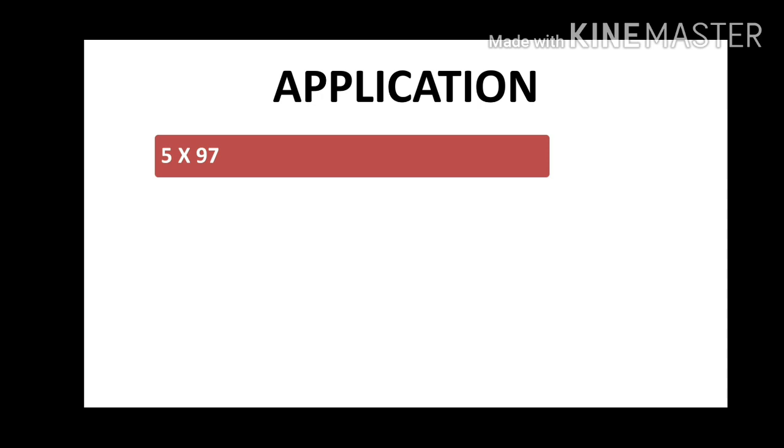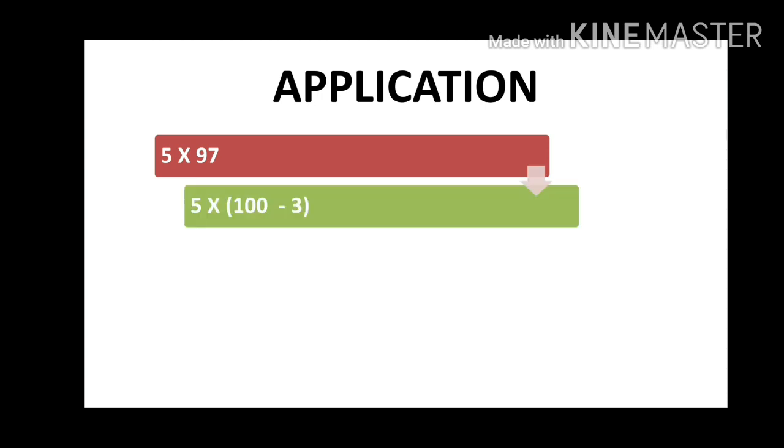Now suppose we have 5 into 97. So 97 can be written as 90 plus 7 also, but we are using 100 minus 3 because 100 is easier to multiply than 90. So we are using 100 minus 3. Same thing, 100 minus 3 is in the brackets, so it is one group. To this total group 5 is multiplied. So we can use the take all rule.